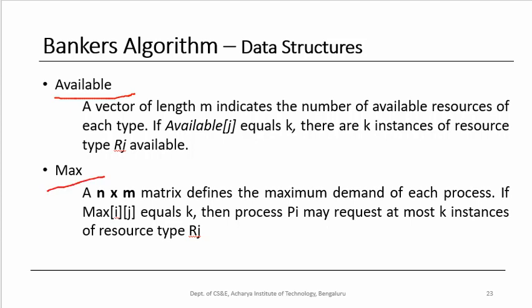And max is an n cross m matrix, and each element in this matrix tells us the maximum number of instances of a particular resource type required by a process Pi. For example, max of i comma j, where i is the process identification and j is the resource type.